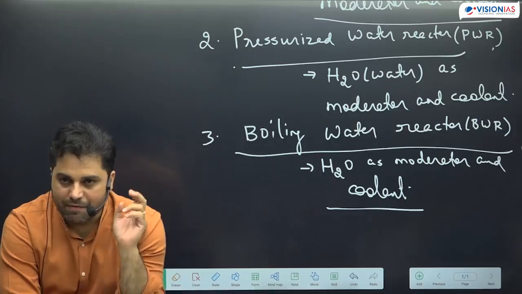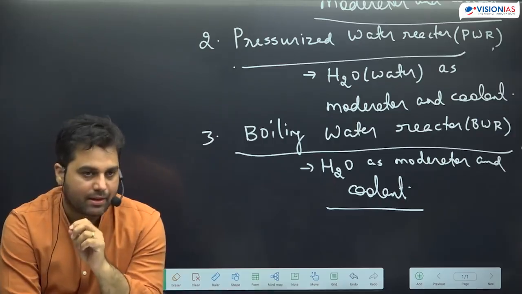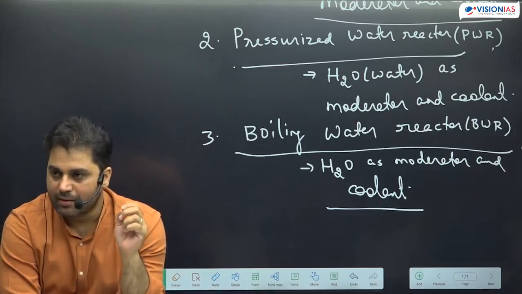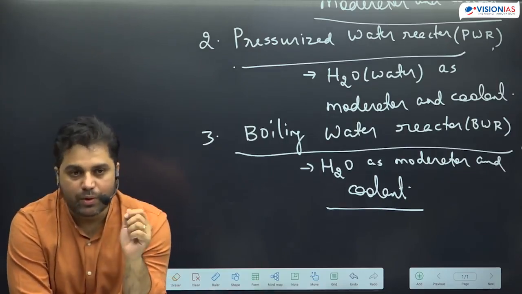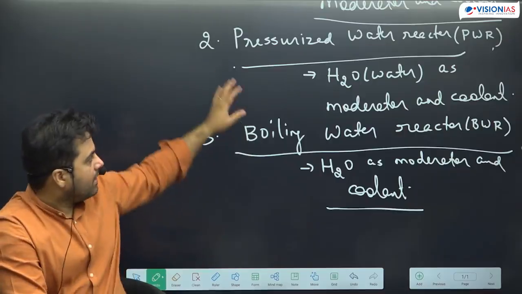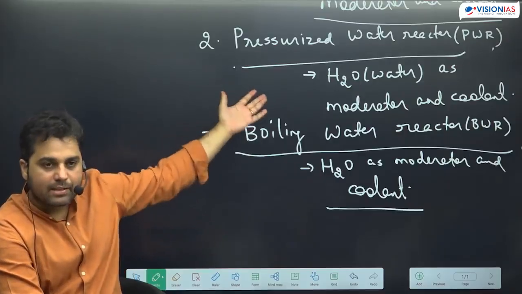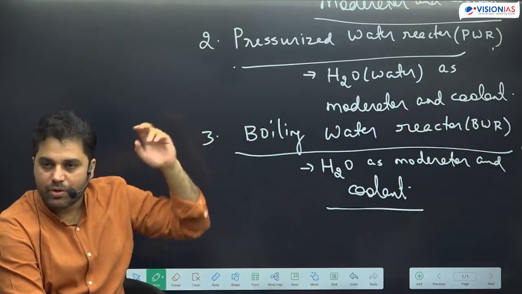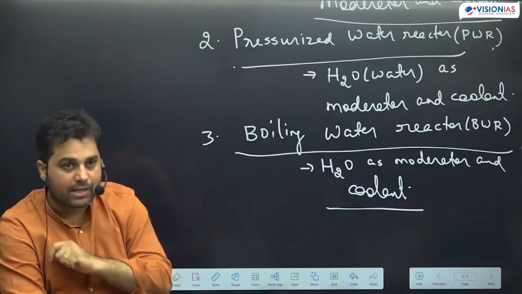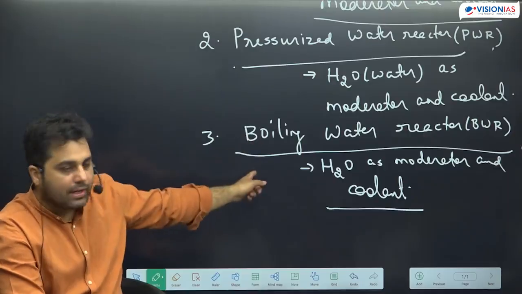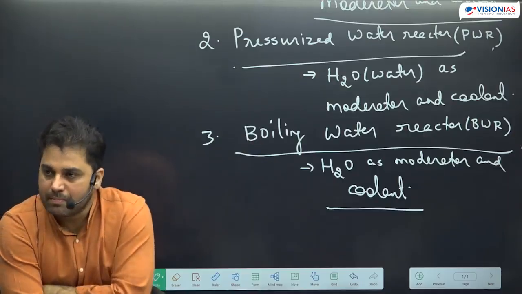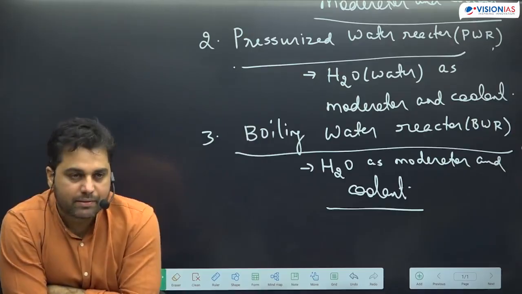But the fundamental difference between a pressurized water reactor and a boiling water reactor is how you are going to use water. In a pressurized water reactor, the water is at high pressure, hence the water which comes out is not going to convert into steam, even though it does have a lot of energy. In a boiling water reactor, the water which will be pumped will be at normal atmospheric pressure.